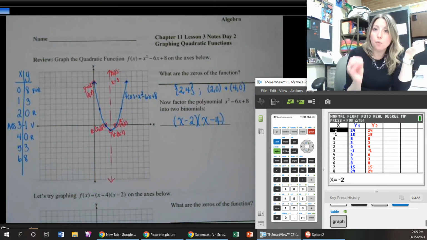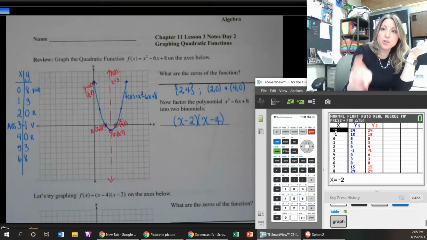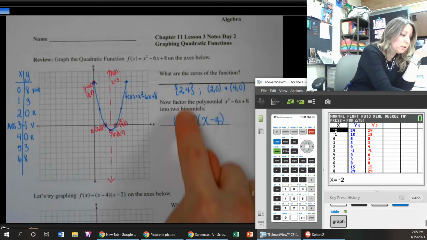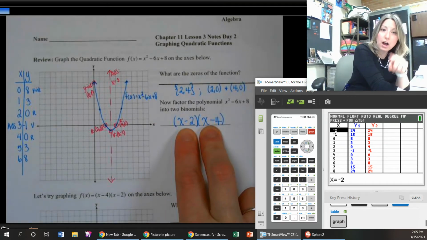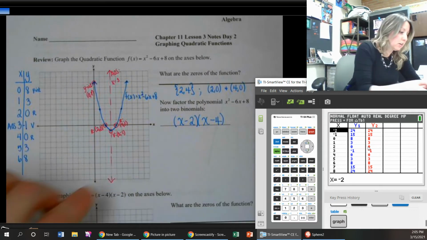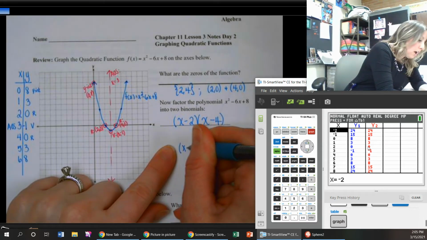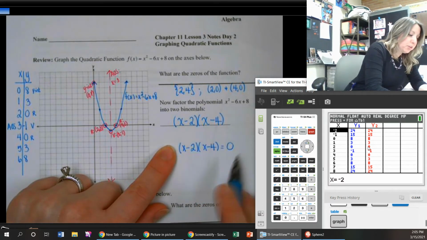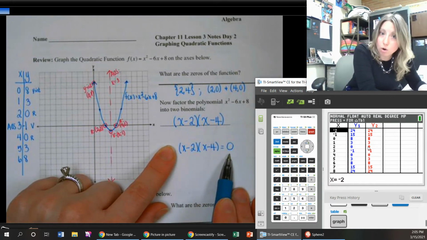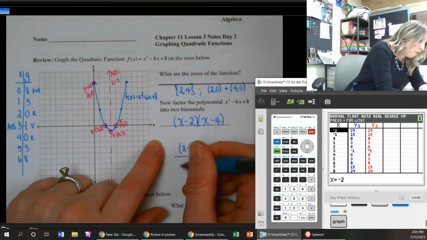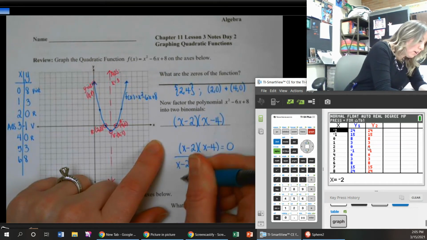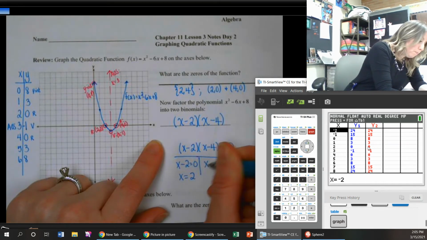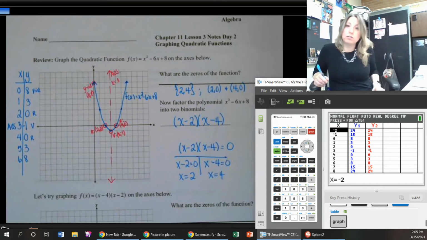Okay, what were the zeros of this function? They were 2 and 4. If I took this and set it equal to 0, so I replaced f of x with 0 and solved for the zeros, I get x equals 2 and x equals 4.